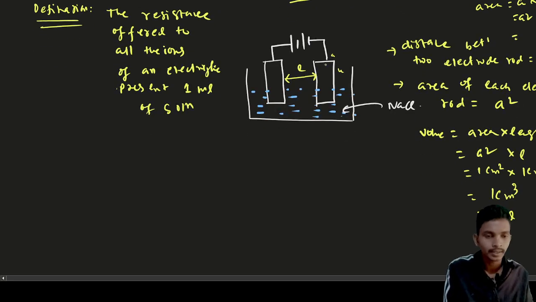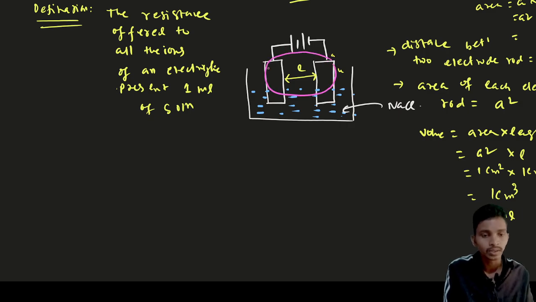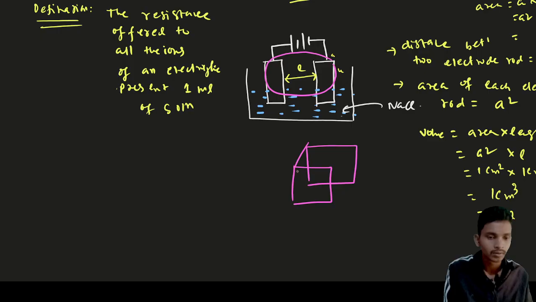Since this is 1 centimeter square and this length is 1 centimeter, imagine this area is actually a square, and I'm taking this whole area as a volume.